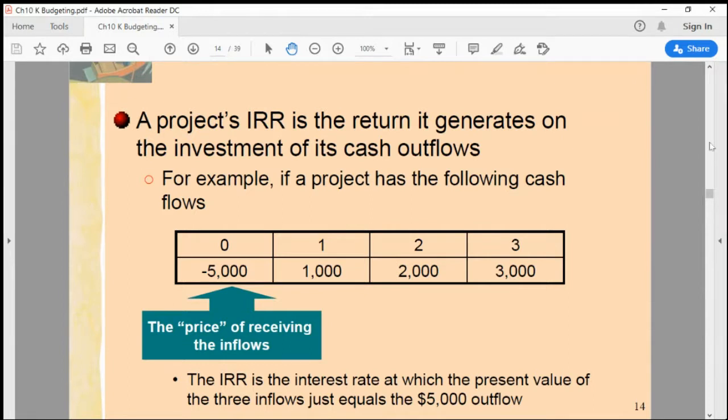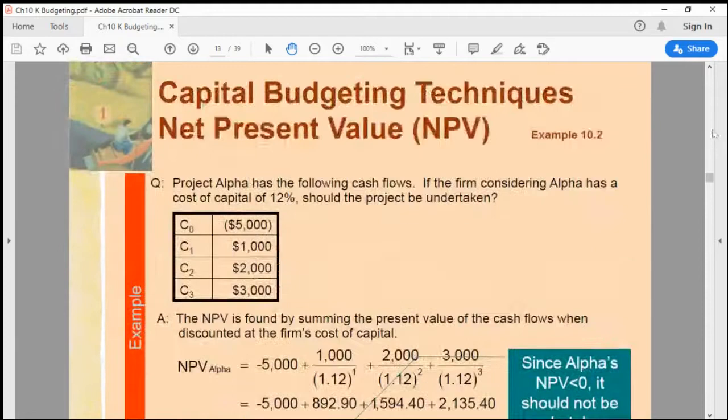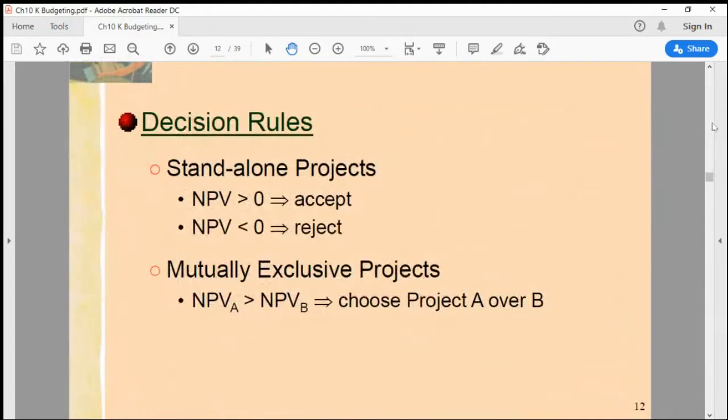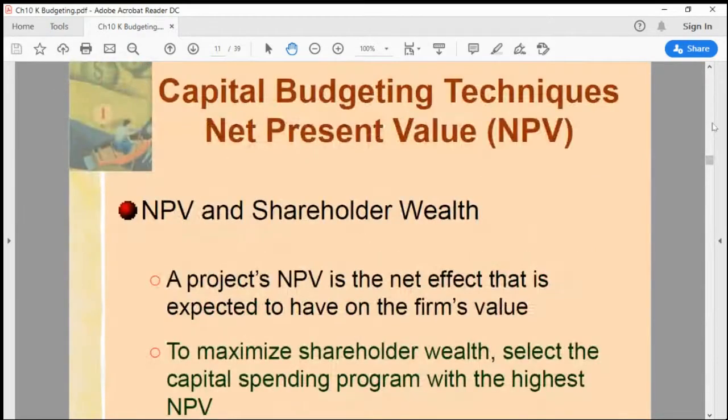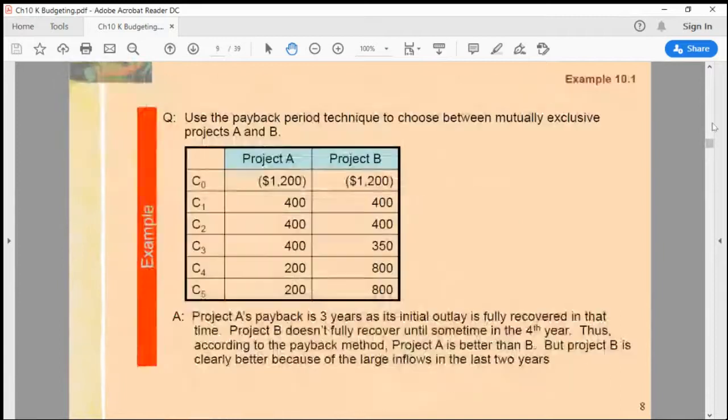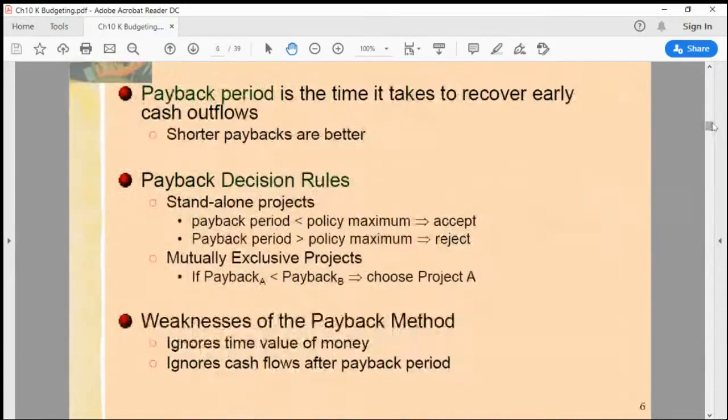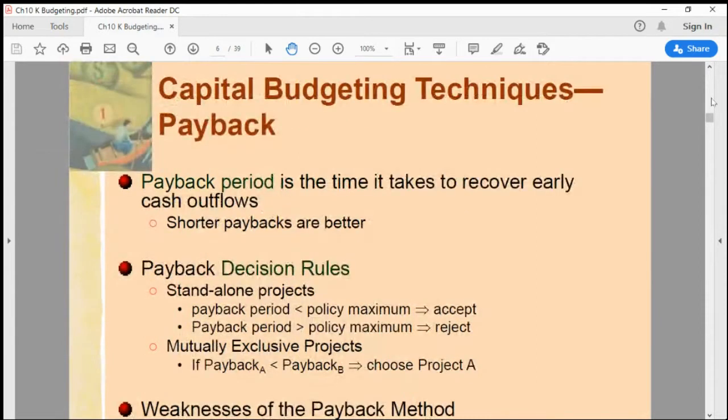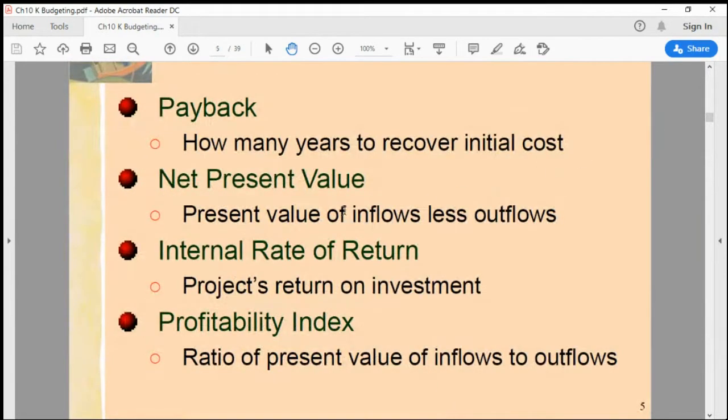Just to recap, those four techniques are basically payback period first, second, net present value, third, internal rate of return, and then fourth, profitability index.